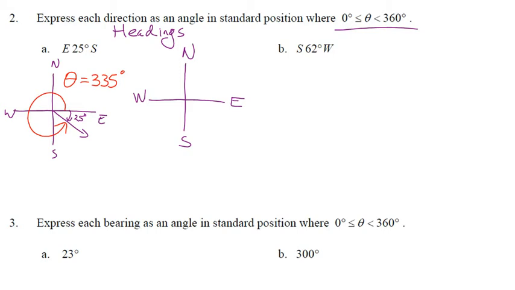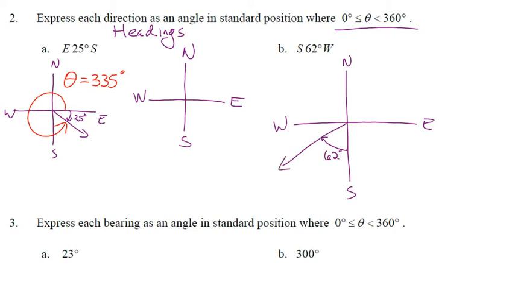Okay, one more. We got south 62 degrees west. So we're going to start at south and rotate 62 degrees towards the west. That is our heading, our compass, our angle in standard position. It starts at the positive x-axis, so we forget the northeast, southwest now.